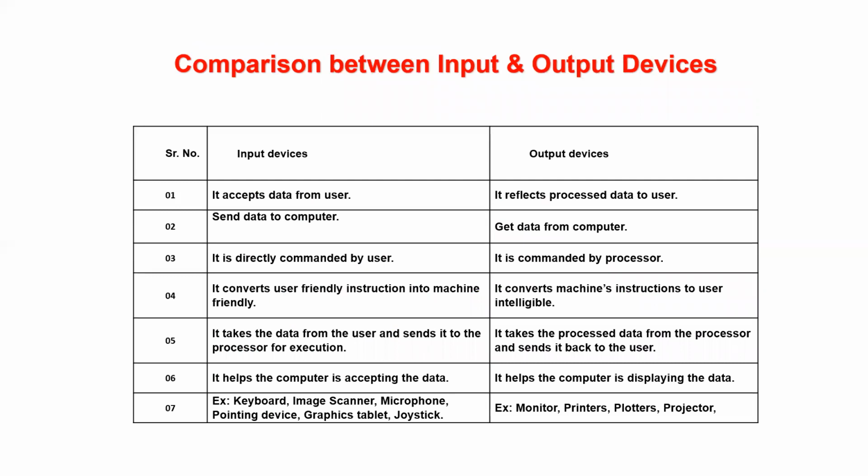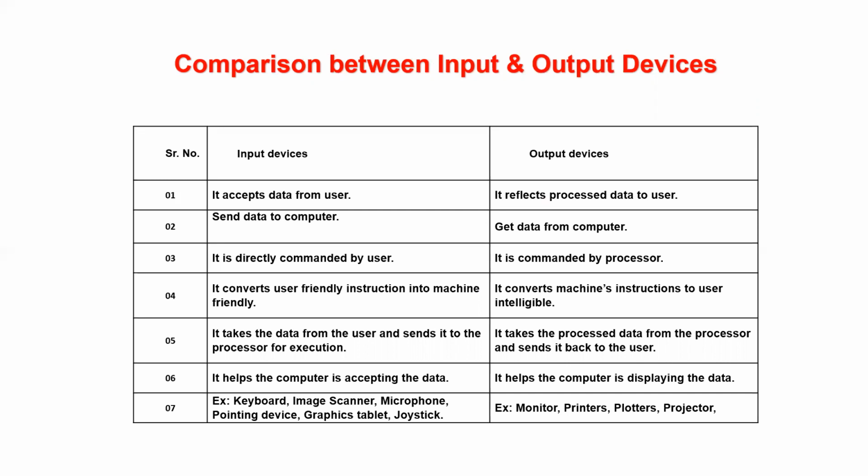Now here we can observe the comparison between input and output devices. The first point is that input devices accept the data from the user, while output devices reflect the processed data to the user. The second point, input devices send data to the computer, while output devices get the data from the computer.